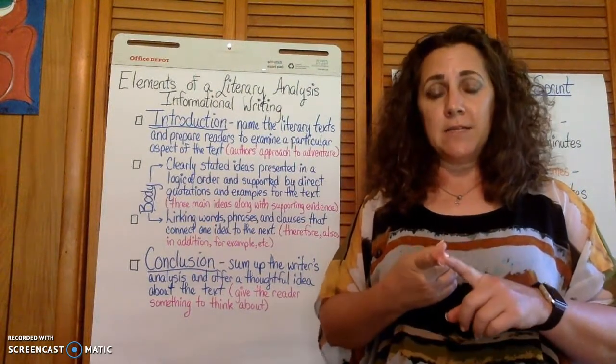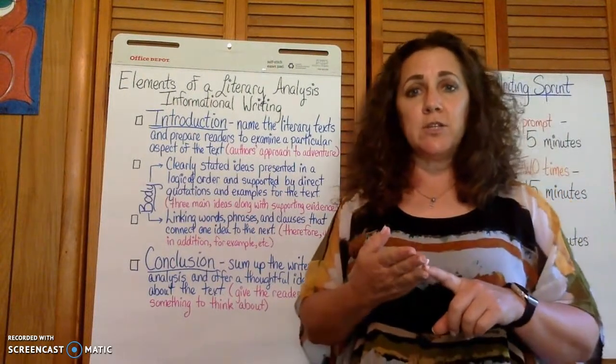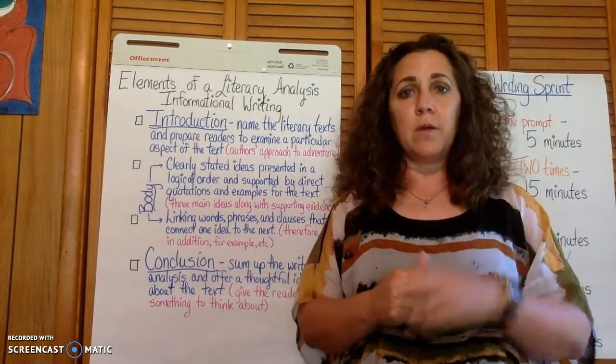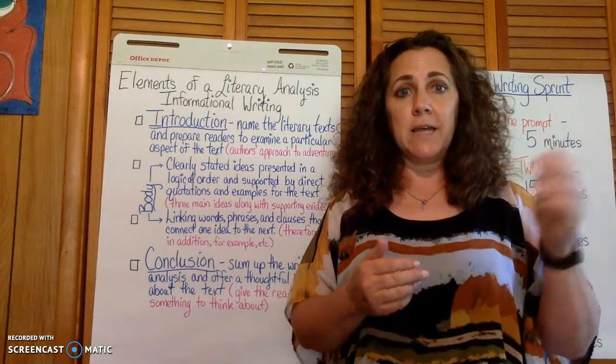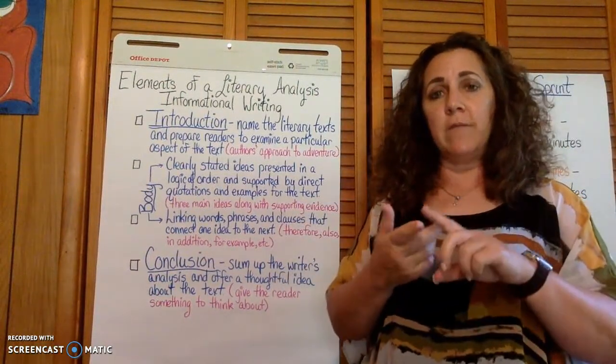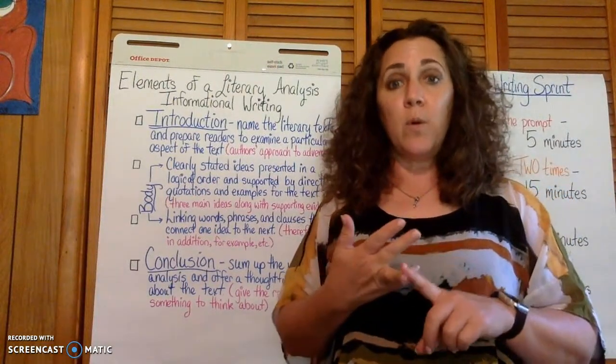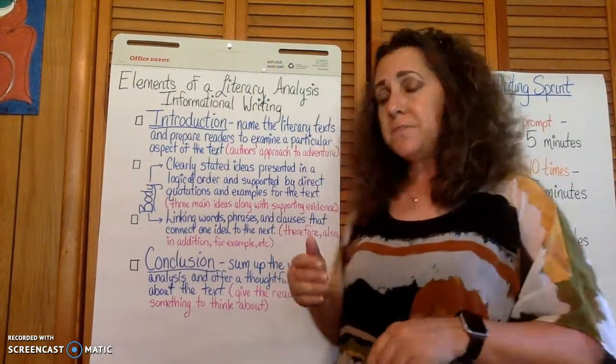Each main idea should have supporting evidence and direct quotations from each part of the text. You'll do that 3 different times, so you'll have 3 main ideas, each having its own supporting evidence and quotes from those passages.